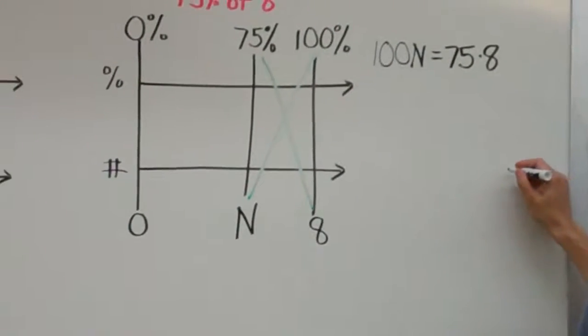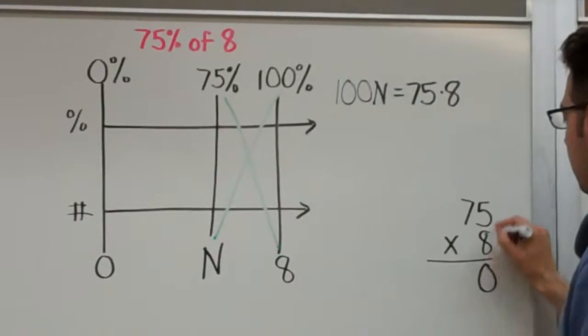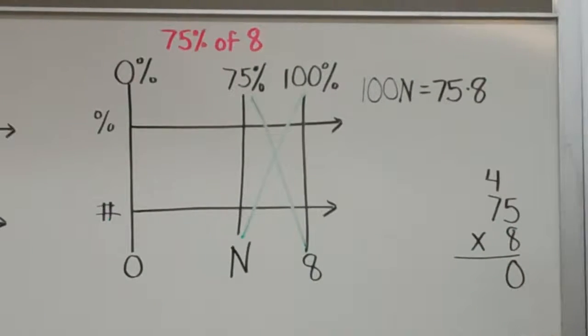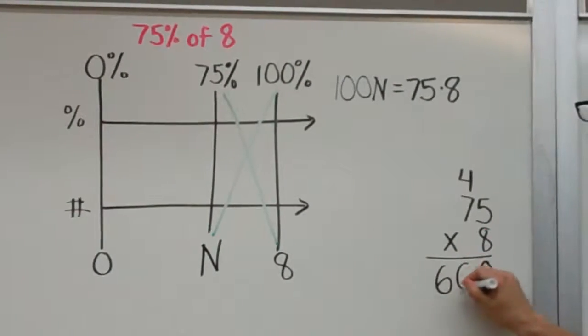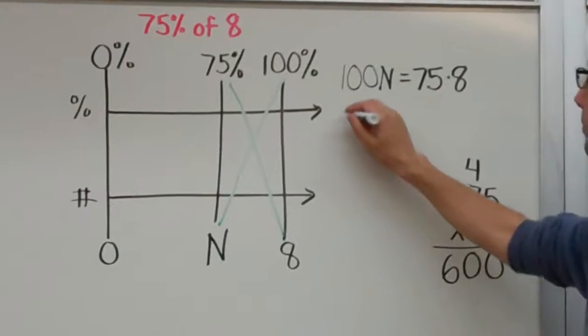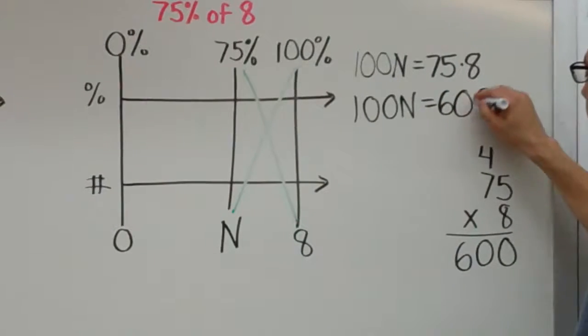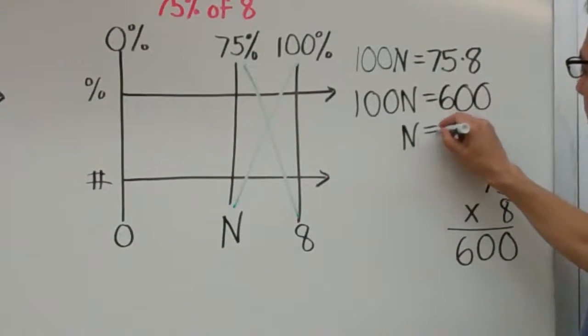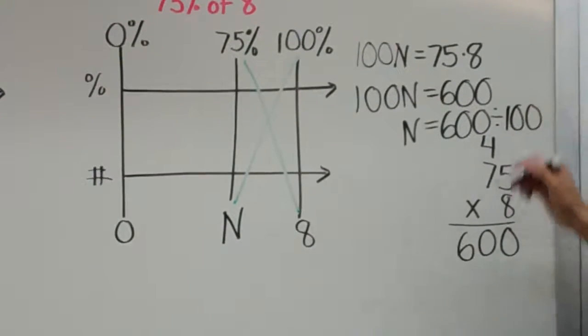Do that math. Down here, 75 times 8. A little bit easier than the other one. That's 0. 4, 8 times 7. What's 8 times 7? 56 plus 4. Makes 60 like that. So we have 600. 100n equals 600. Recopy the n equals 600 divided by 100.